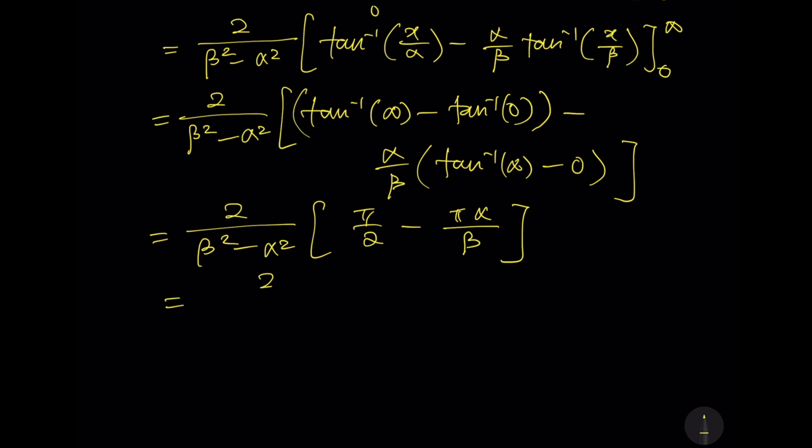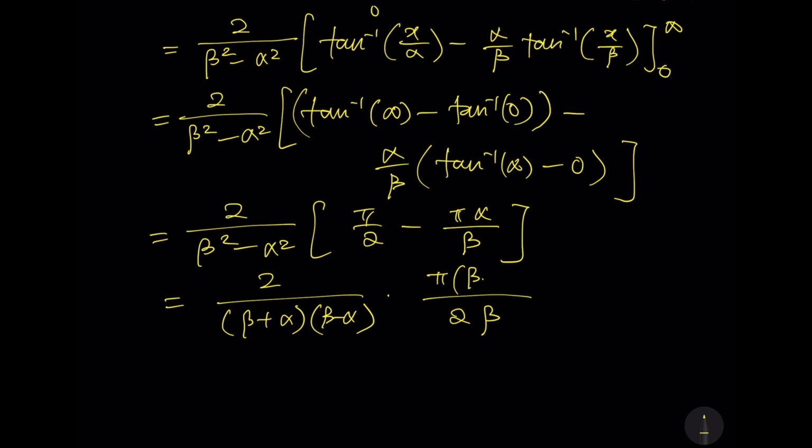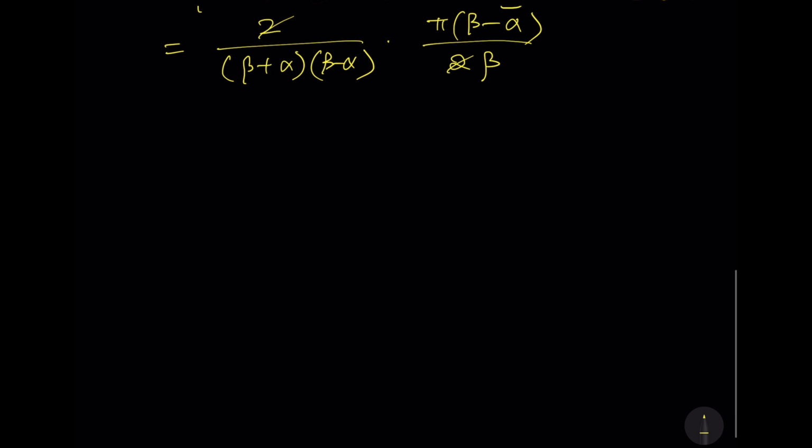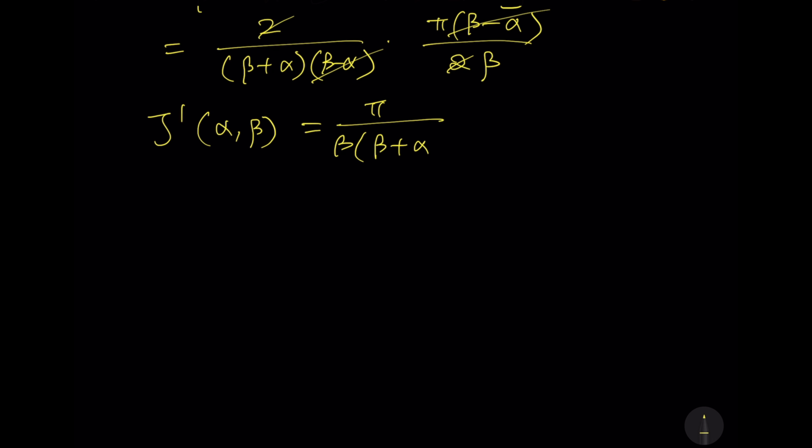Further rewriting gives us 2 divided by (beta plus alpha)(beta minus alpha), multiplied by pi (beta minus alpha) divided by 2 beta. This is simplifiable. That gives us J prime of alpha, beta equals pi divided by beta multiplied by (beta plus alpha).